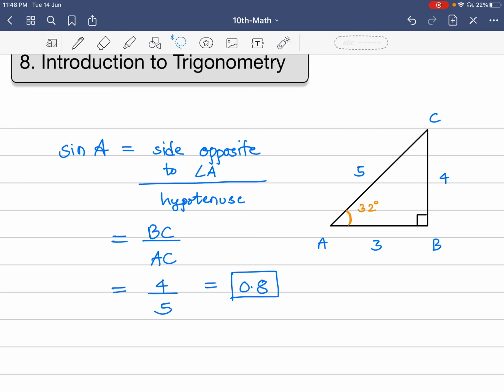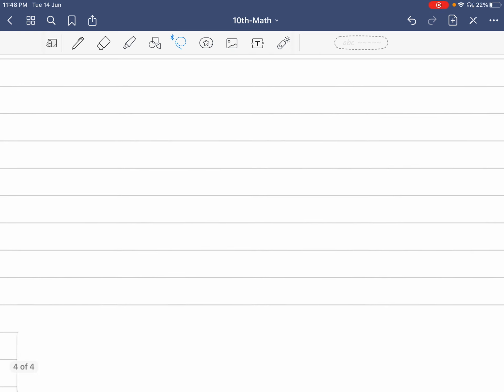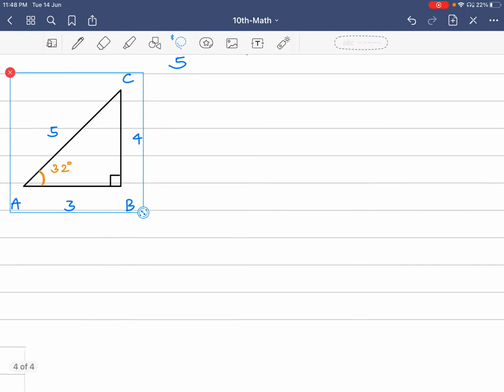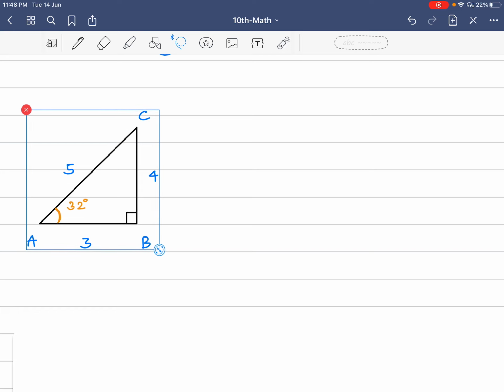Now I'm going to do some additional construction on this triangle. First I need to create a copy of this. So let's come down here and paste. Let's move it here. What I'm going to do is extend this hypotenuse and this base to create another, bigger right angle triangle.